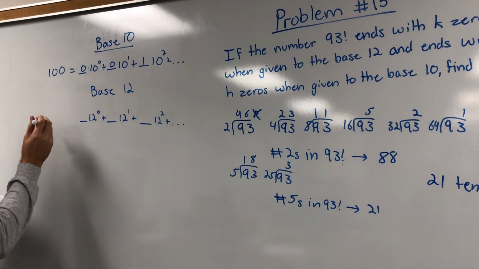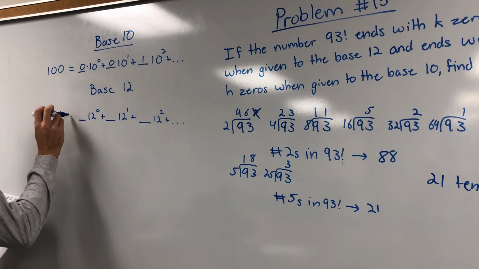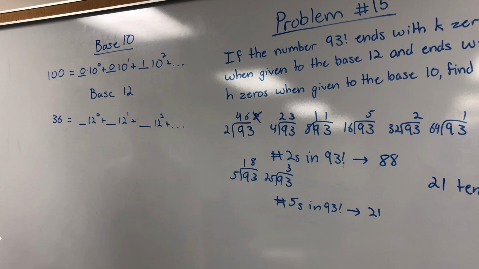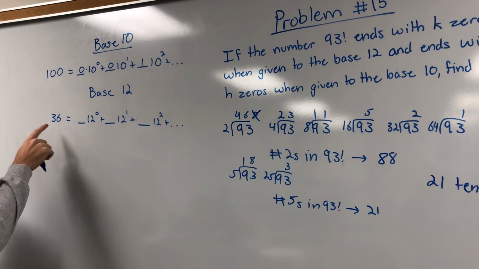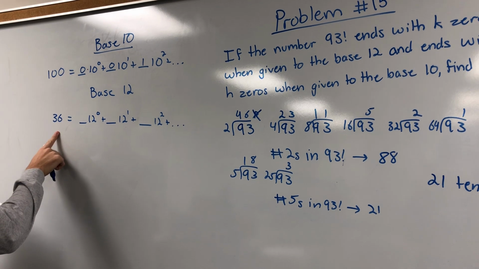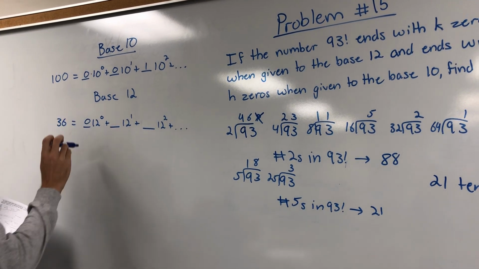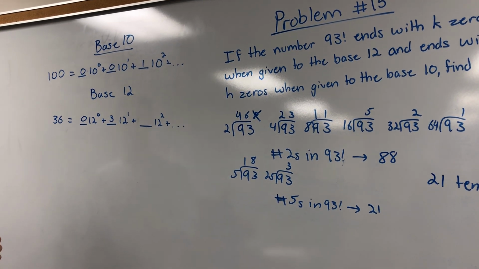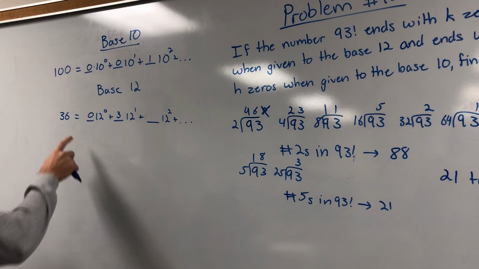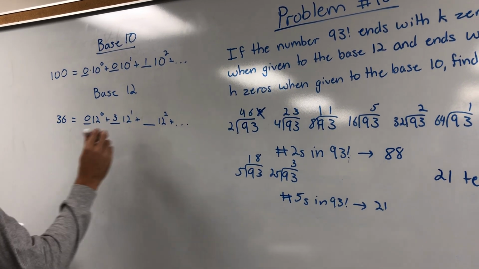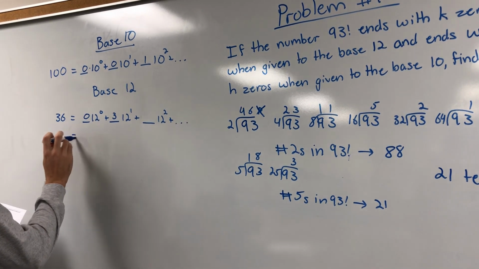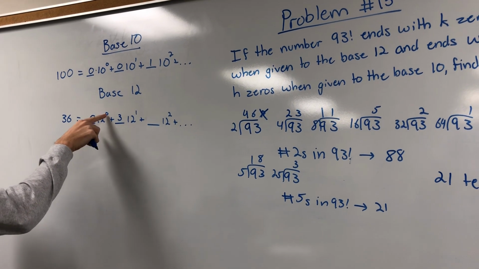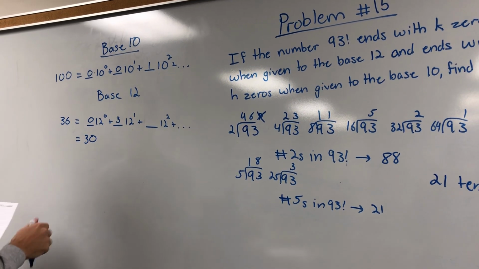So if you have a number like 36, 12 goes into 36 one time. So 36 in base 12 actually equals 30. So that's 0 times 12 to the 0 plus 3 times 12 to the first.